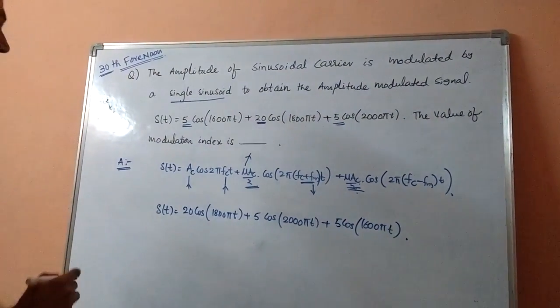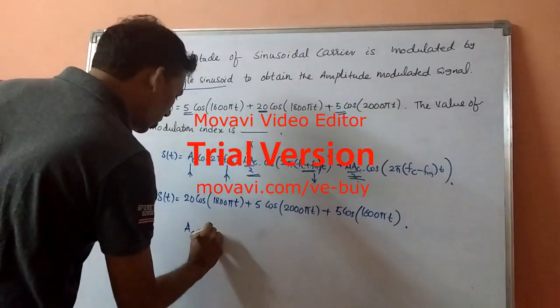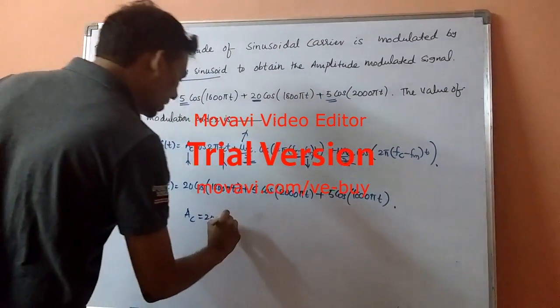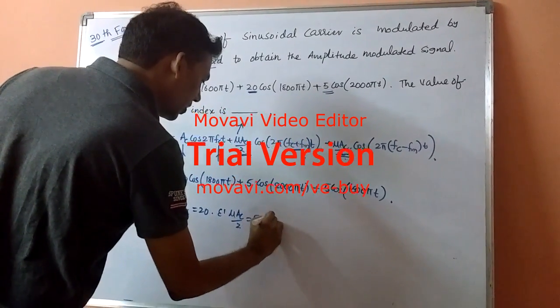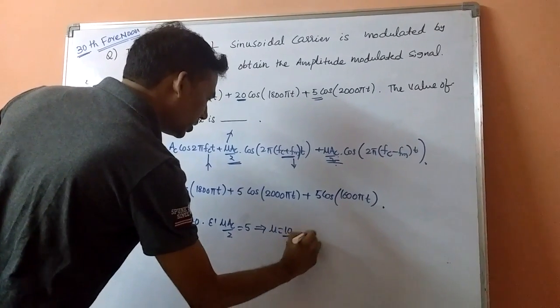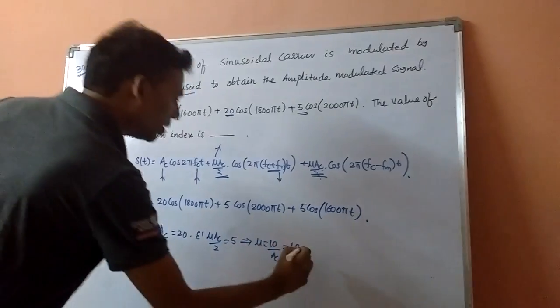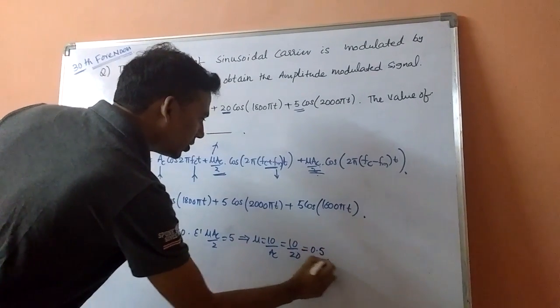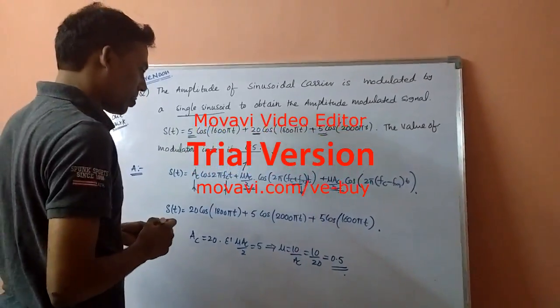Now compare this with the standard AM signal: AC equals 20 and mu AC by 2 equals 5. This implies mu equals 10 by AC, which is 10 by 20, so this equals 0.5. So the answer is 0.5.